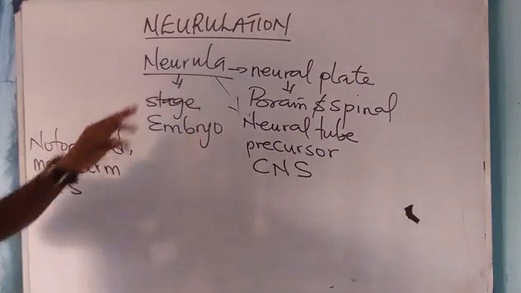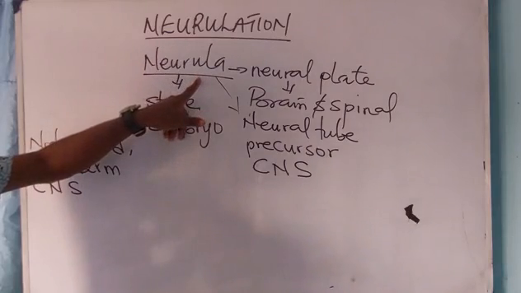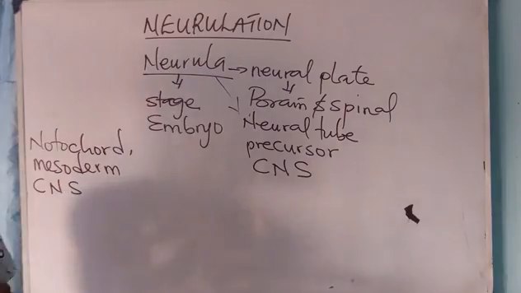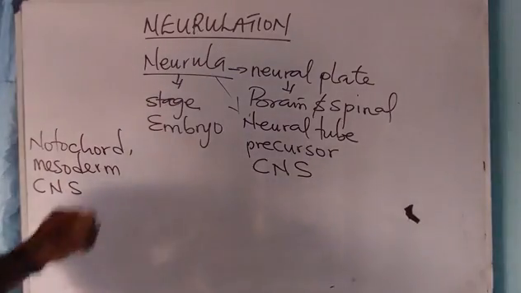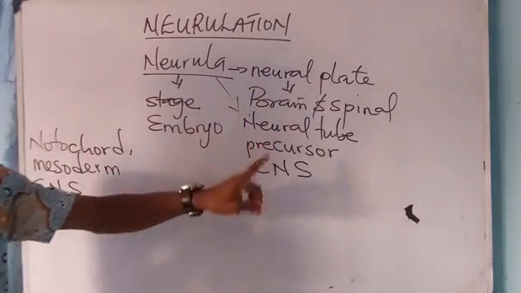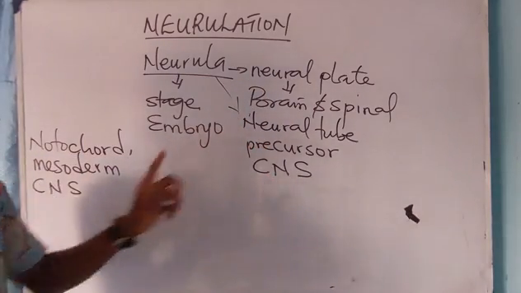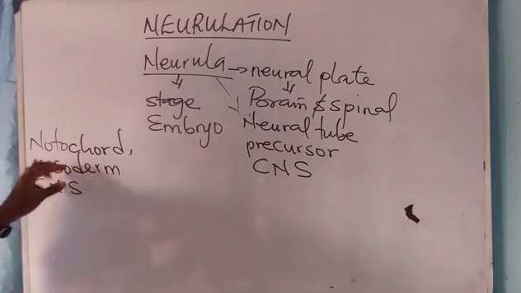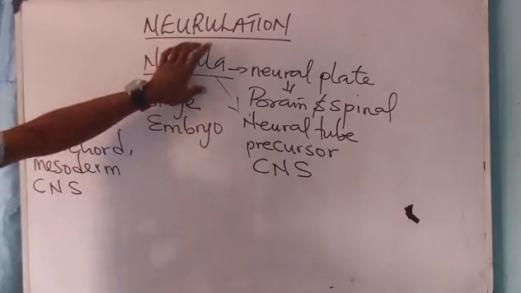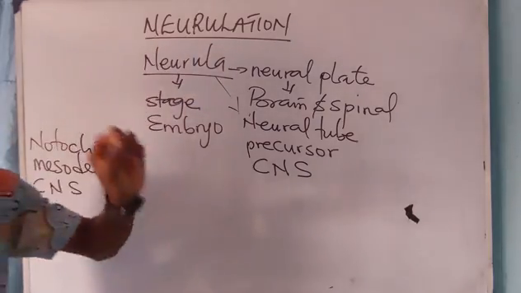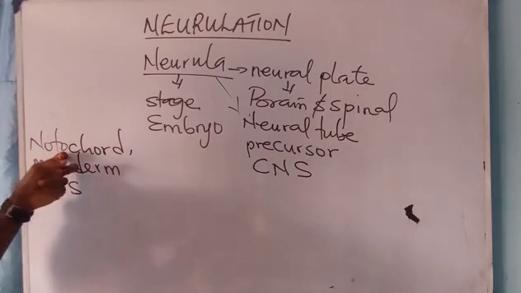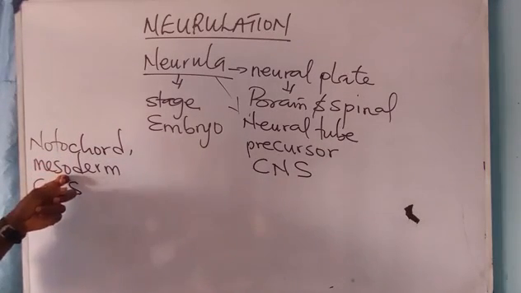It is the formation of the neurula, which is a stage that occurs in the development of an embryo. So a neurula has the neural plates, the central nervous system, the mesoderm, and the notochord. These are the constituents of the neurula.